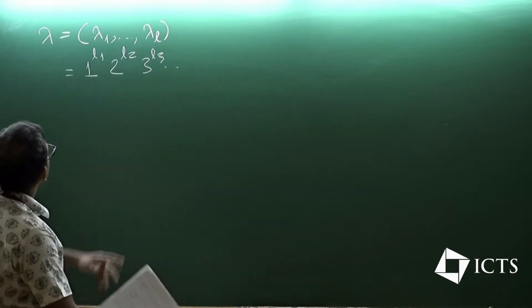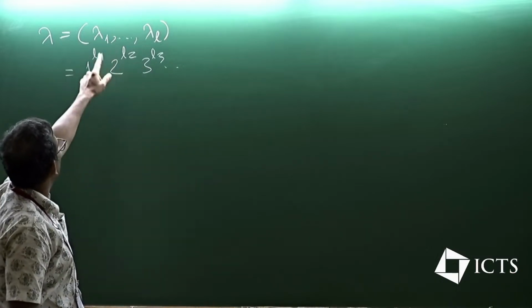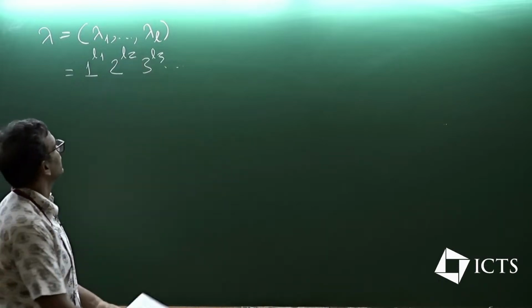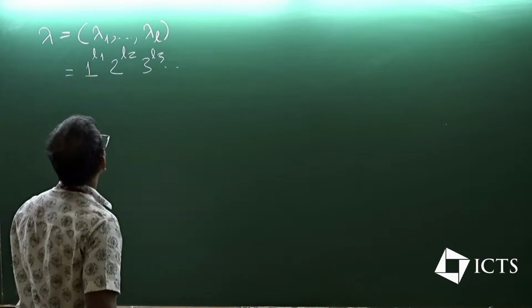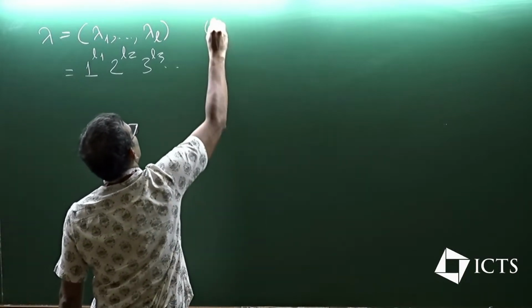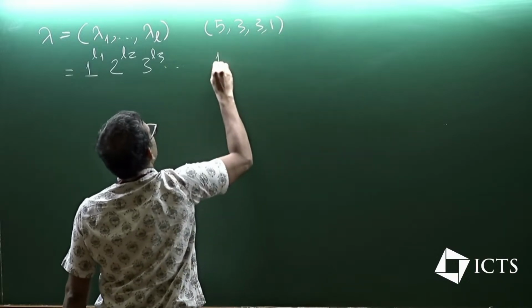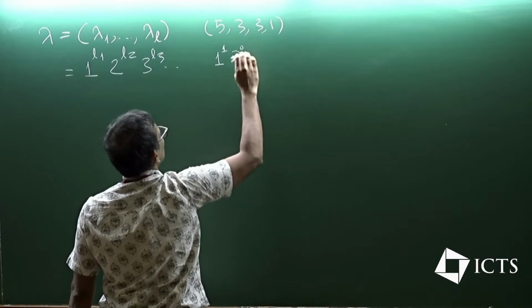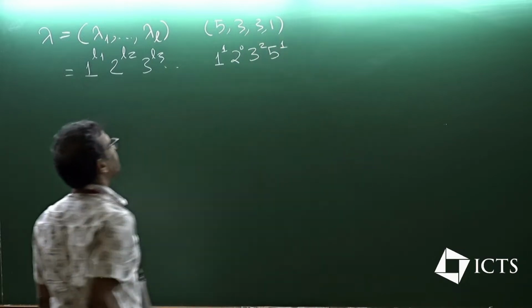What this means is that 1 appears l1 times, 2 appears l2 times, 3 appears l3 times, and so on. Sometimes it's convenient to write it one way, and sometimes the other. For example, if I take 5, 3, 3, 1, I would write this as 1 to the power 1, 2 to the power 0, which you can probably drop, 3 to the power 2, 5 to the power 1.